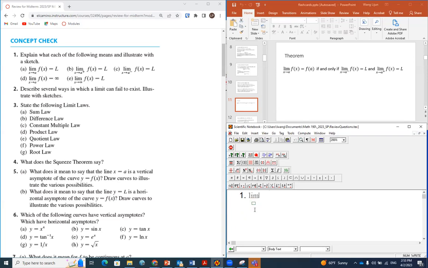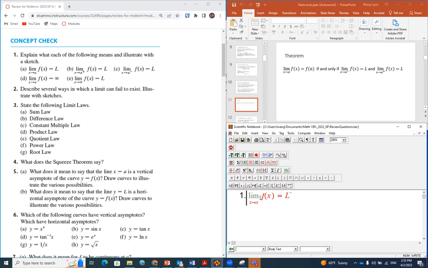Limit as x approaching a. a is just a finite number. If you have any question about a, some of you ask, oh, a is not given. a is not given because it can be any number. And L, of course, is a limit.